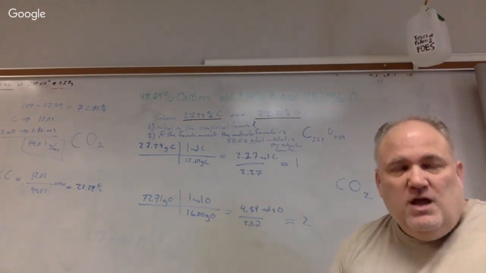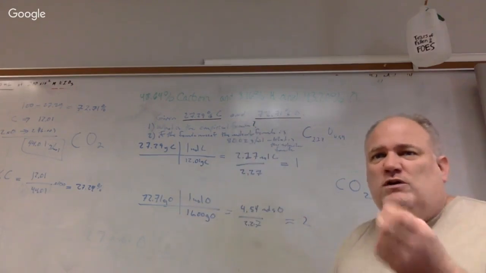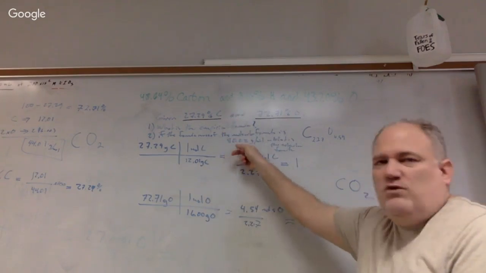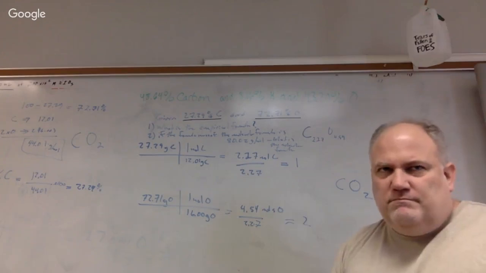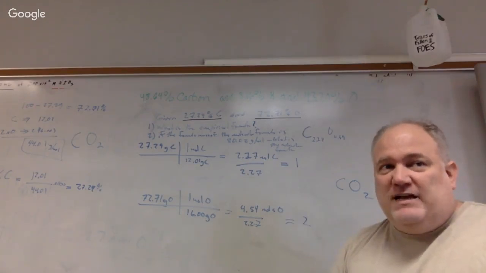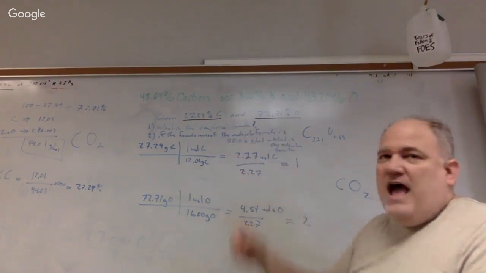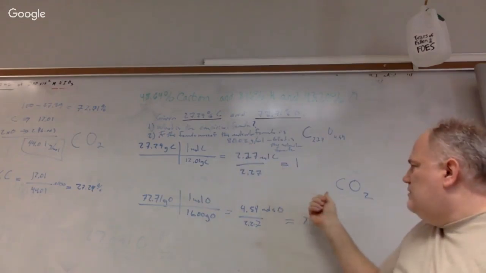Are you with me? So what they'll often do is they'll give you percentages and then say, hey, we're looking for a molecule that has those percentages and has this molar mass. So bear with me. If I tell you that this percentage has a molecule that has this mass, couldn't I go to the original empirical formula?